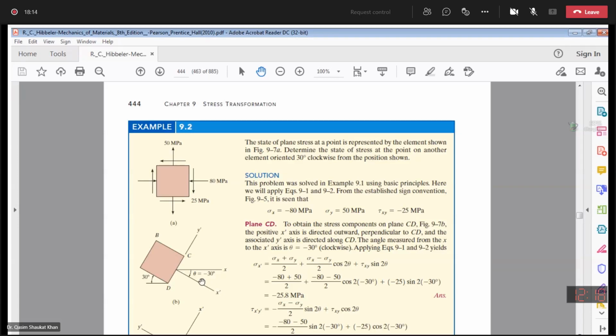So now we have to calculate the transformed normal stresses sigma x dash, sigma y dash, and tau x dash y dash using this data. Sigma x is minus 80 megapascals, sigma y is 50 megapascals, tau xy is minus 25 megapascals, theta is minus 30. So guys, please calculate these values.